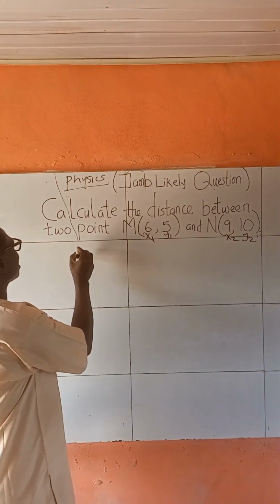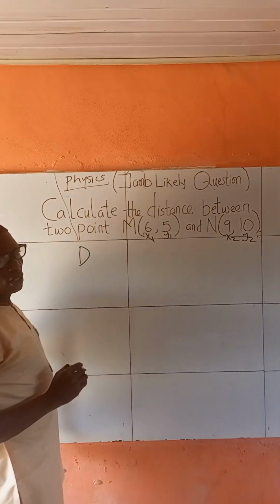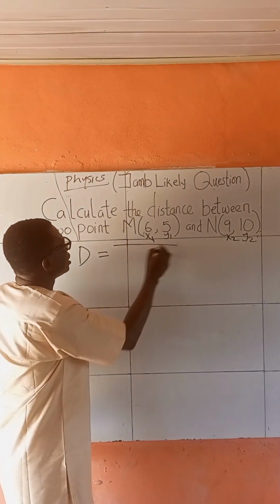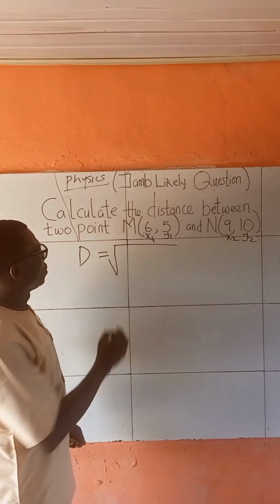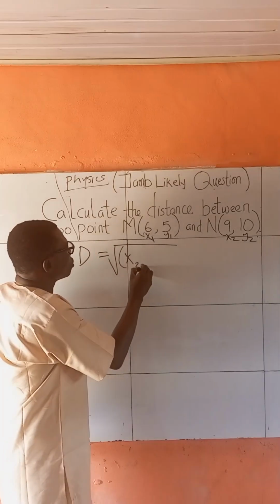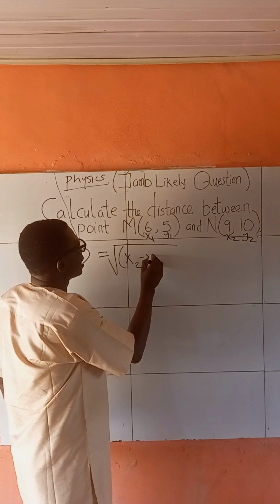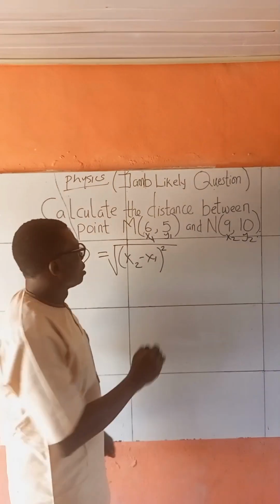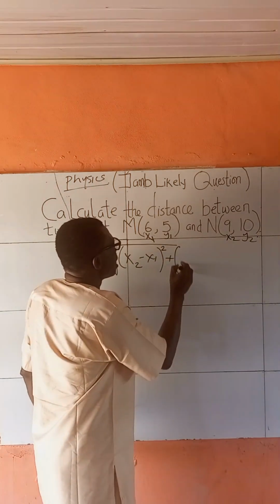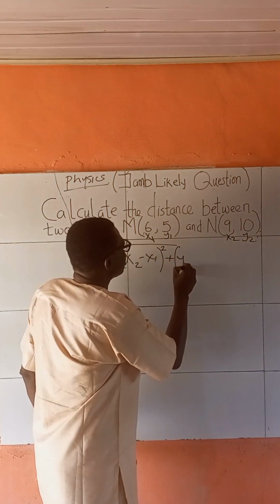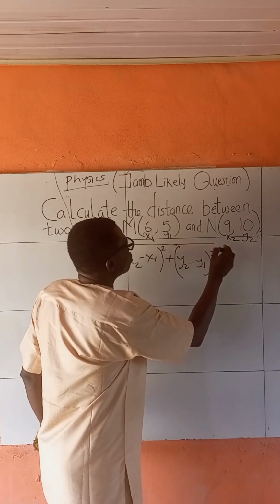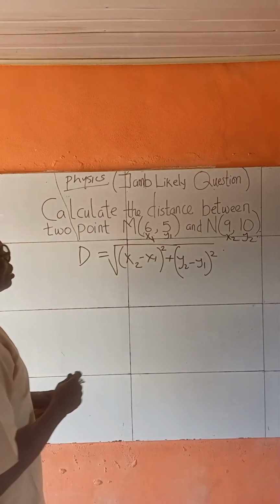Now, what we do is d, which is the distance or displacement, equals the square root of x2 minus x1 all squared, plus y2 minus y1 all squared. This is how we do it.